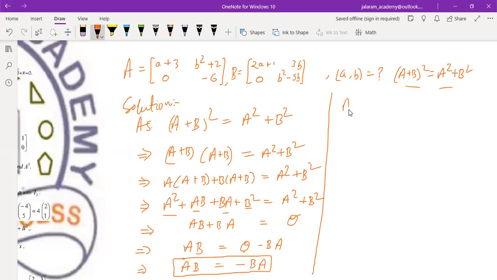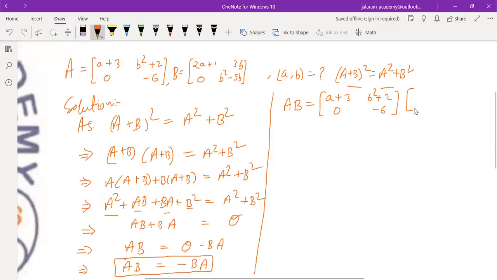So what we will have to do now? First find AB. AB is the product of A and B, that is A plus 3, B square plus 2, 0 minus 6, and 2A plus 1, 3B, 0, B square minus 5B.